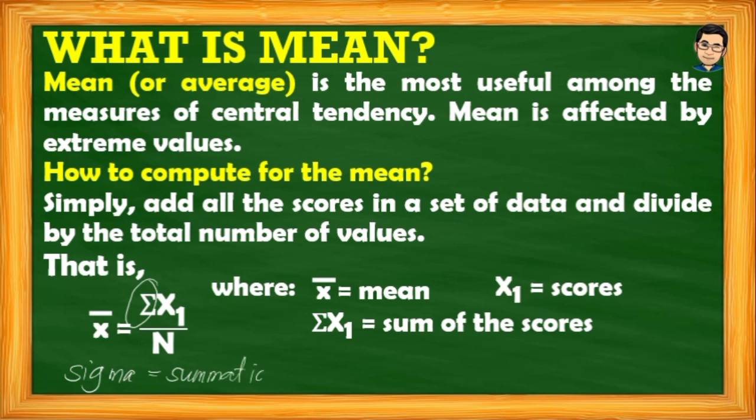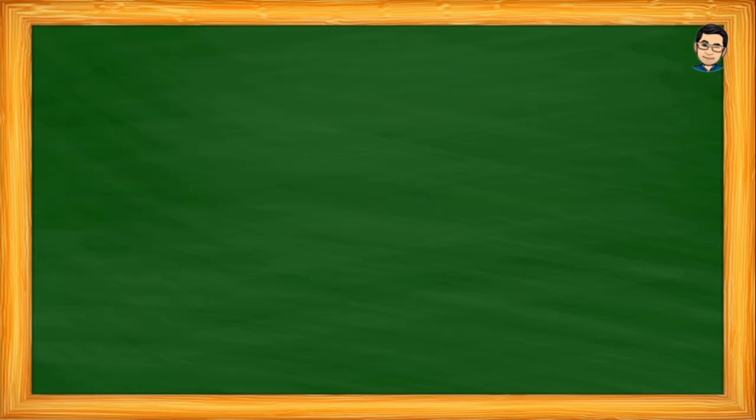Ina-add natin yung mga scores. And then, n, that is the total frequency. Syempre, kapag in-add natin yung mga scores, kailangan i-divide natin yun sa total frequency. Just like kung ilan yung subjects, 8. That will be the value of n.